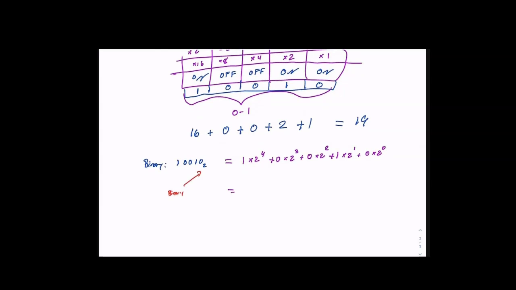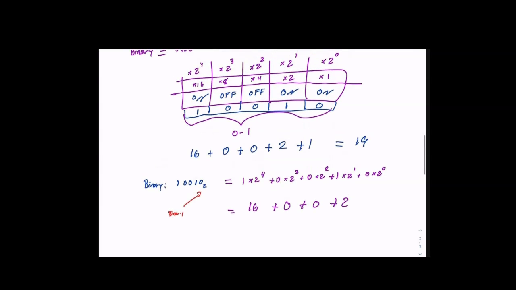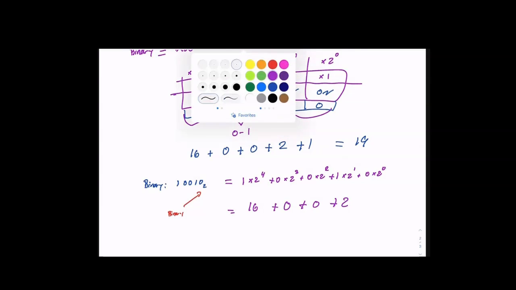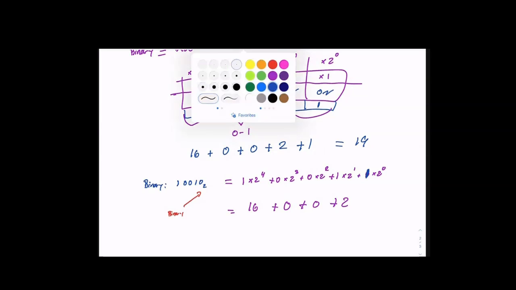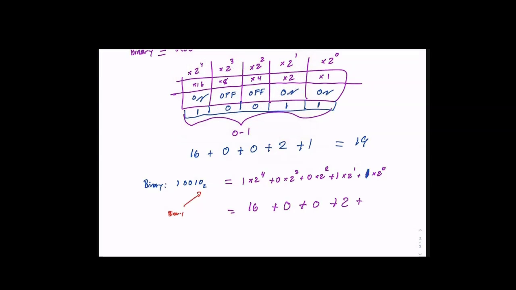And this number is the same thing as 16 plus 0 plus 0 plus 2. Oops, I did have a mistake there, and it was really confusing me. Apologies. That right there should be a 1, and as such this should be a 1 right here. Sorry about that. Plus 1, which is 19.